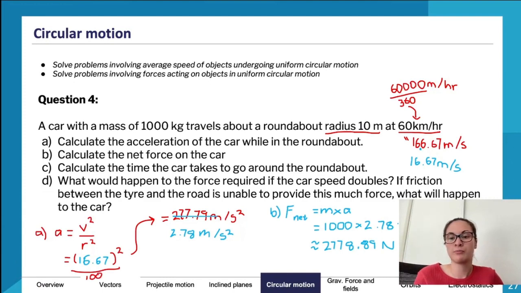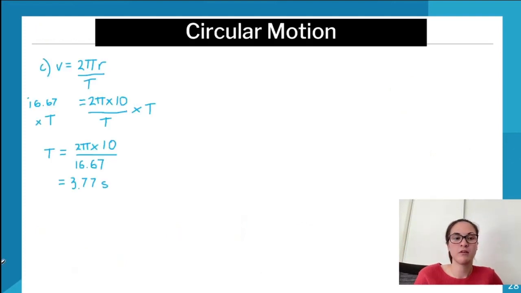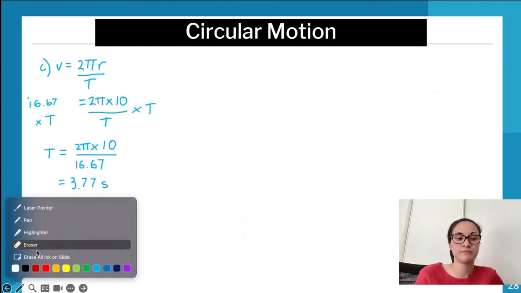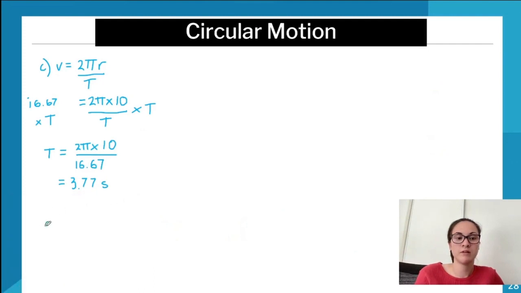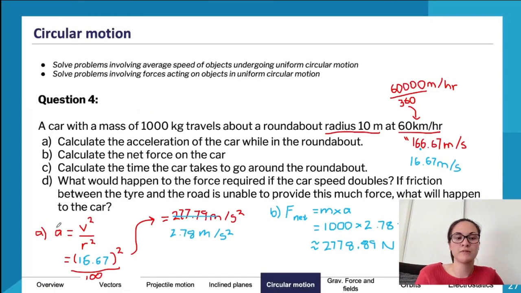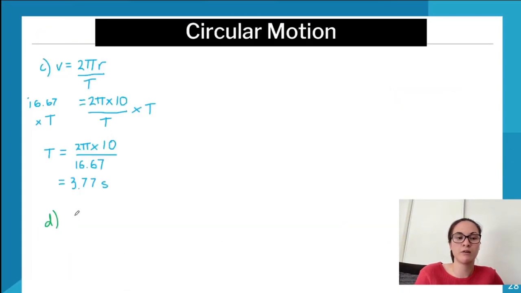with that new speed, that doubled speed. And we're going to do it in green. So D, and that formula was a equals v squared over r squared.